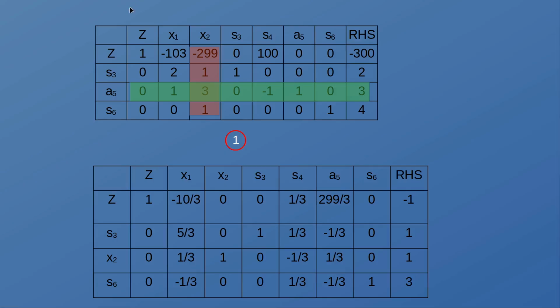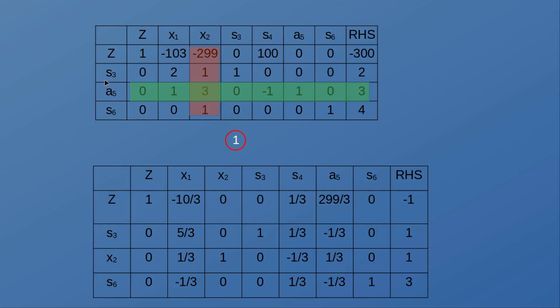Now what we do is we look for the non-basic variables and find where we have the highest negative sign. The highest negative sign is for x2. So we draw a box in this column.